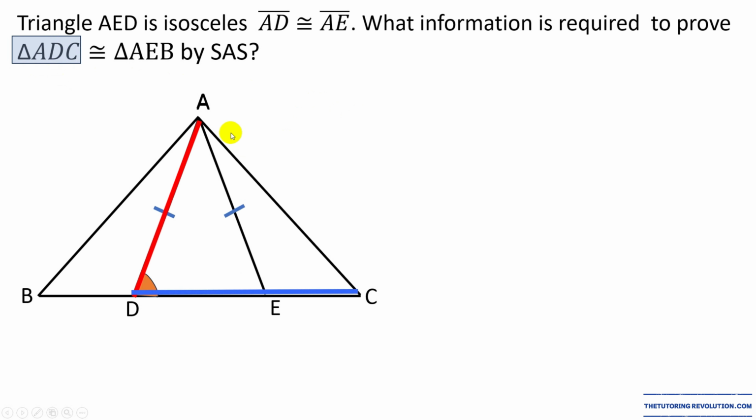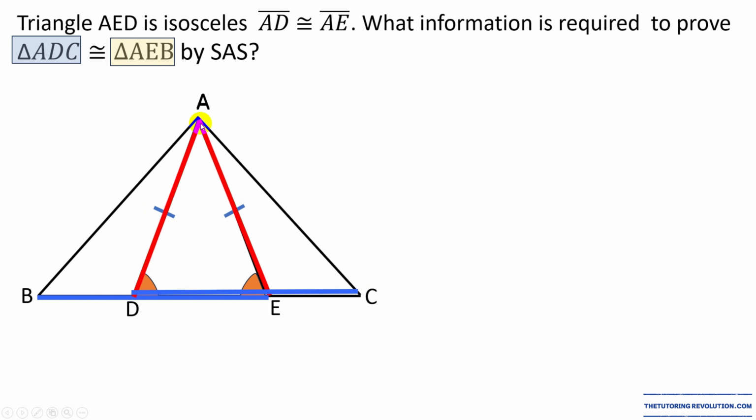And you have to realize that ADC has a side in common to AEB, this red side with a 1 tick mark. Also, AEB has the same side and the same angle, but it's missing the information that tells you that this other side is congruent with this side here.